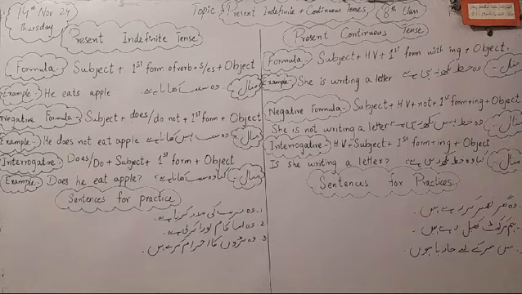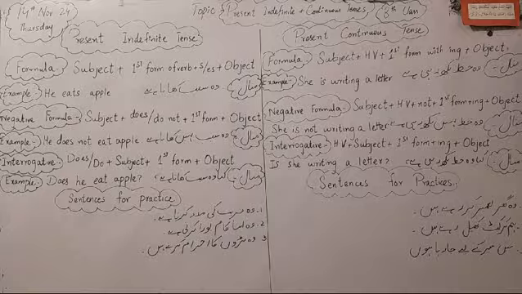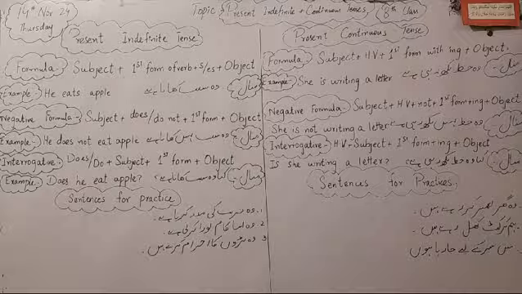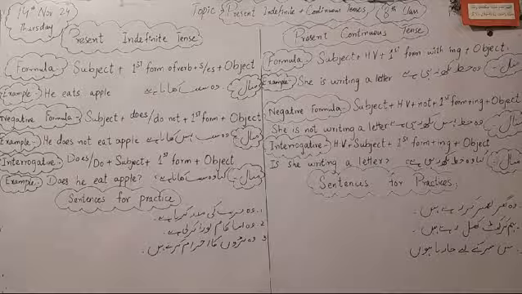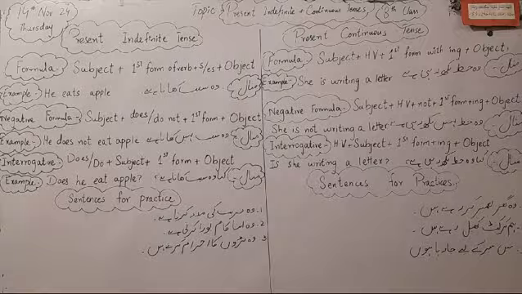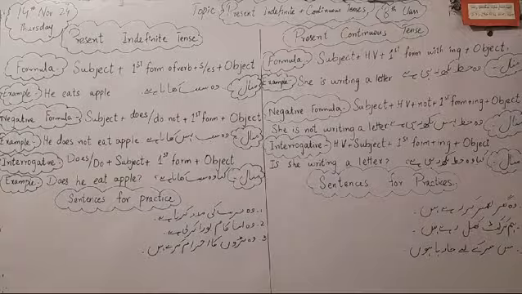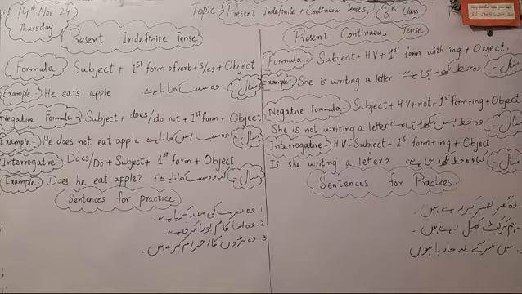How do we formulate the present continuous tense in negative? Subject plus helping verb plus not plus first form with ing plus object. Its example is "वो खत नहीं लिख रही है". She is not writing a letter. We have just added not and that's it.